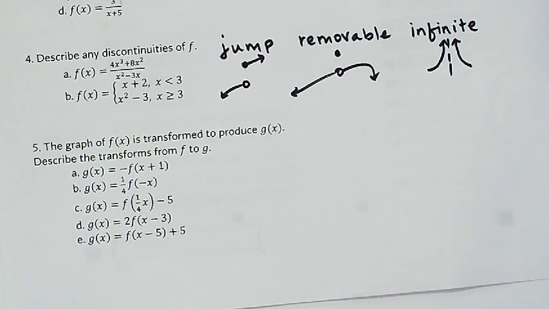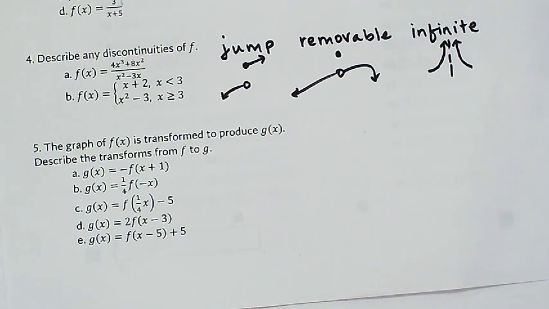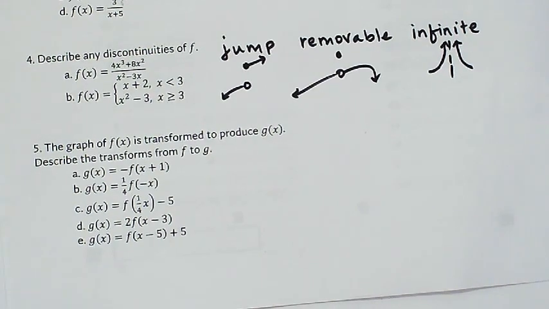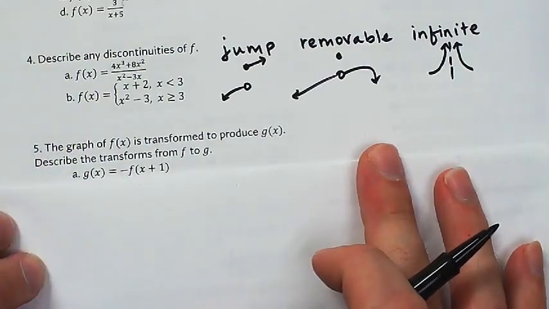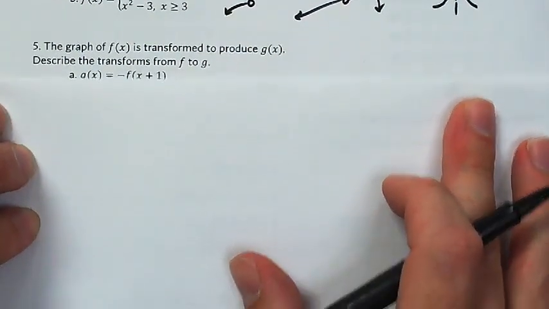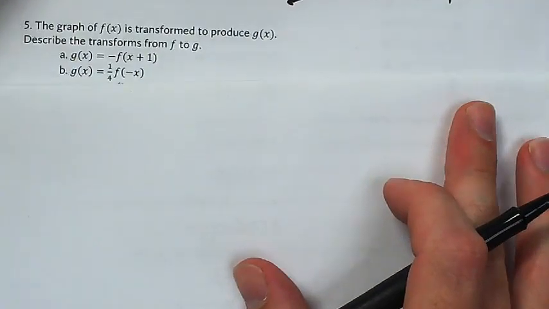So number 5, the graph of f is transformed to produce g of x. Describe the transforms from f to g. All right, so for A, g of x equals negative f of x plus 1.